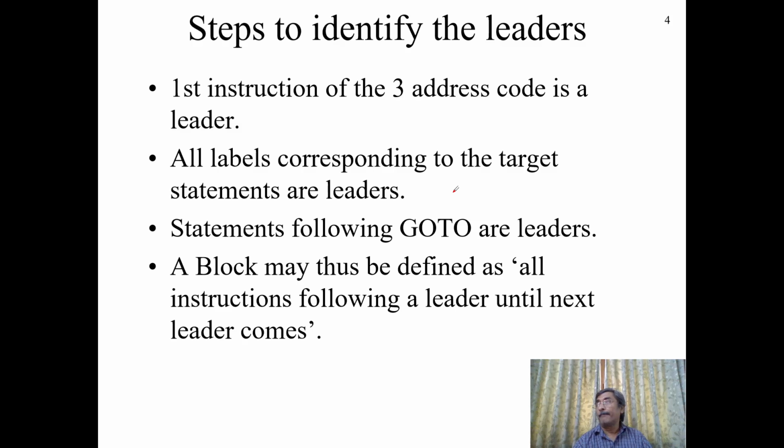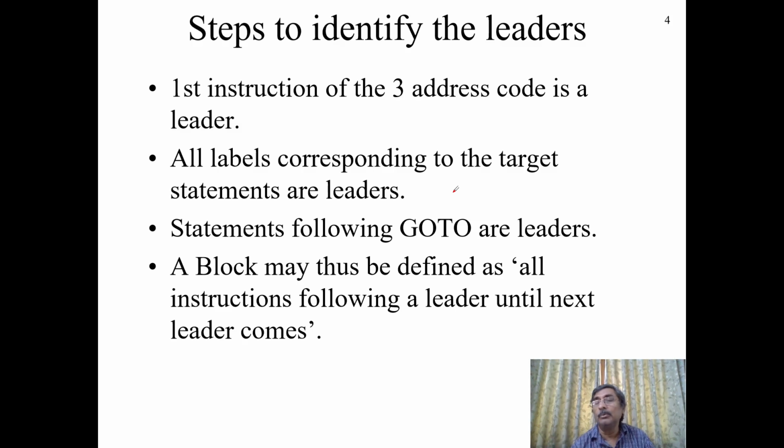Therefore, when you jump to that target, naturally that has to be the first instruction in a particular block, because we cannot enter the block in the middle. You have to enter into the block at the very beginning, and you have to come out of the block at the very end. These are the fundamental properties of a block. And statements following go-tos are also leaders. So a block is thus all instructions following a leader until the next leader comes.